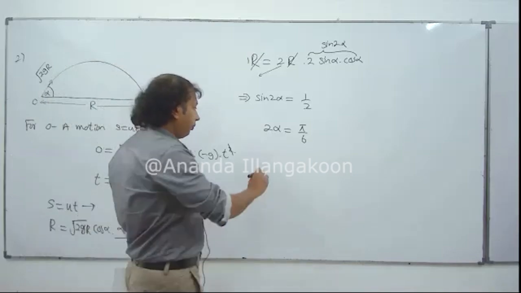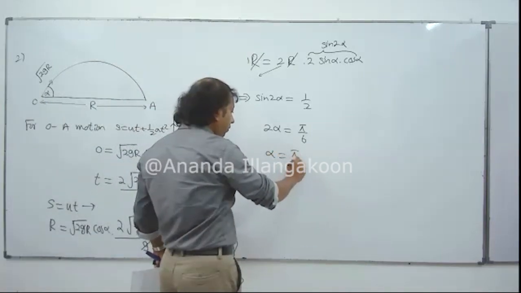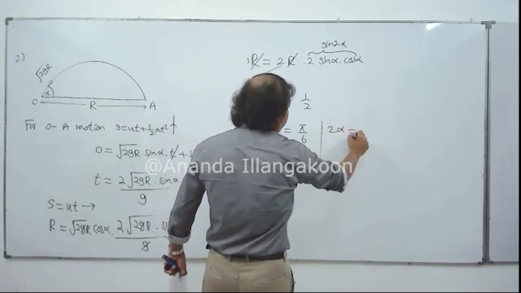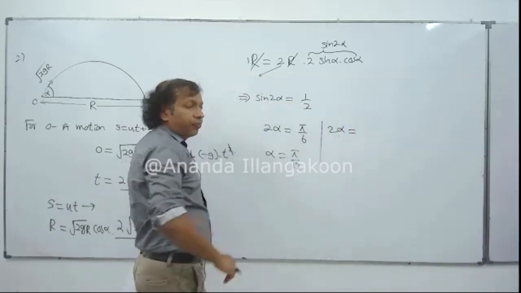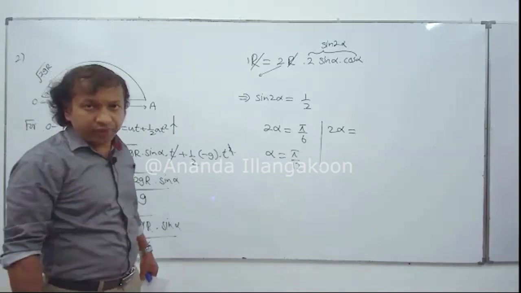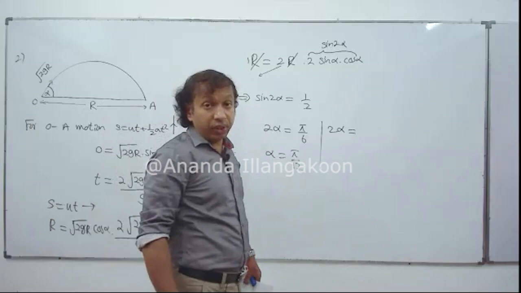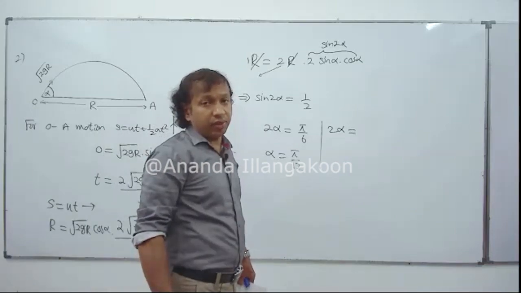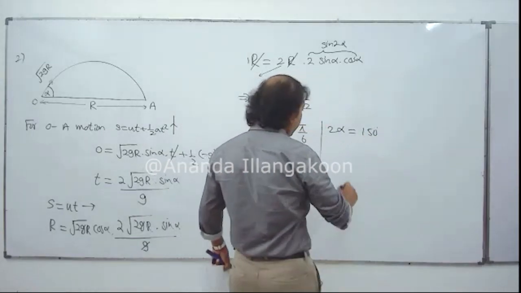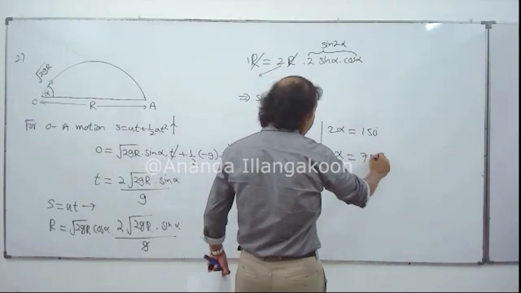Then alpha is pi by 12, taking here. Another angle for 2 alpha for the sine to be half: sine 150. Sine 150 is again half, no? This angle is 150, then alpha is 75 degrees.